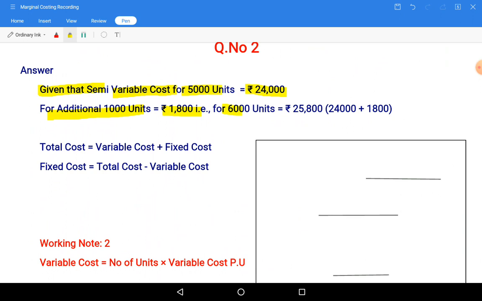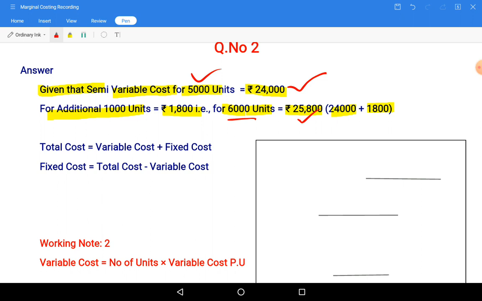So for 5000 plus 1000 units, total 6000 units, total cost will be 24,000 plus 1800, 25,800. So now we have got, for 5000 units cost is 24,000, for 6000 units cost is 25,800.